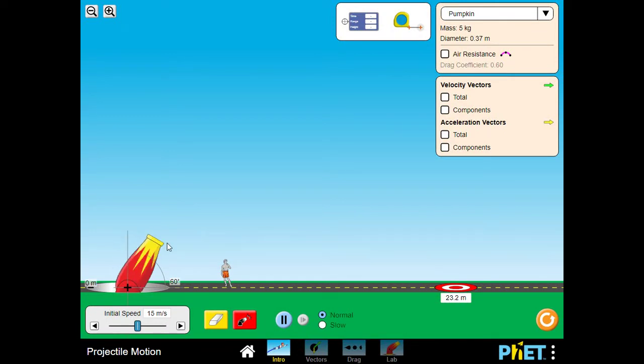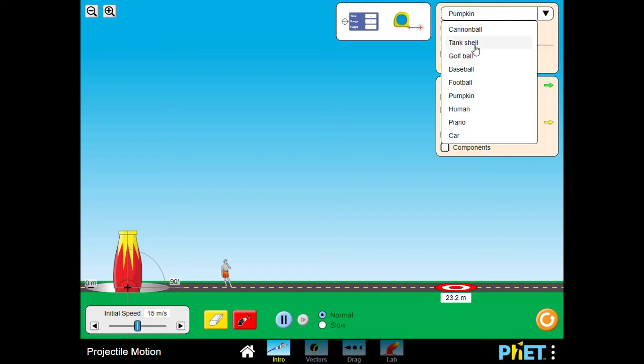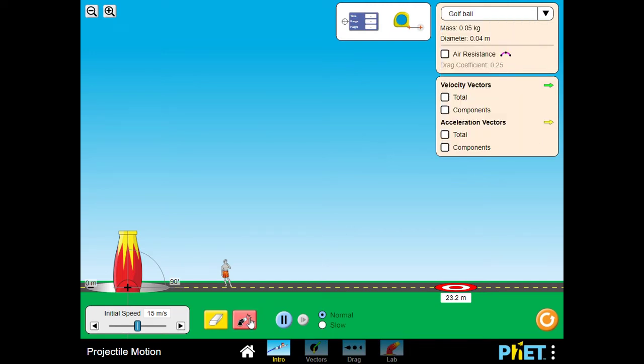Vertical projection means the angle is 90 degrees, and the initial projection velocity, let's assume, is 50 meters per second, and the projectile object is a golf ball.